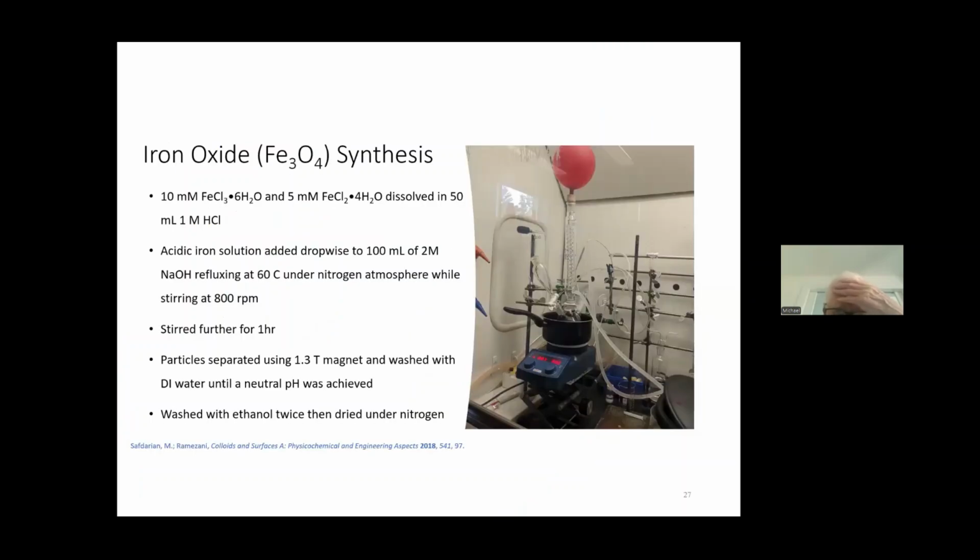These things can be rather expensive, so we tend to make them. We have a postdoc in my lab who's very good at making nanoparticles, so we do this ourselves. In our chemistry department at our university, we can make these magnetic nanoparticles quite successfully.